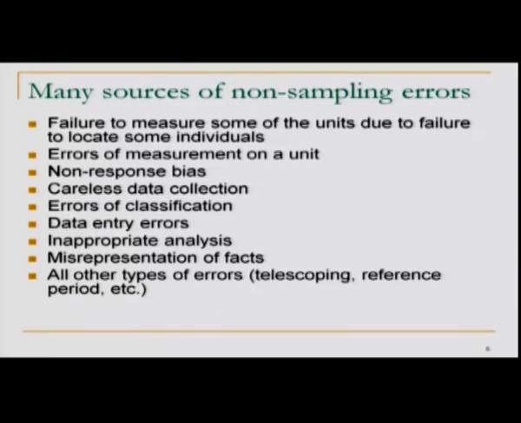Careless data collection can also be a source of non-sampling errors. Errors of classification, data entry errors, inappropriate analysis. Suppose you have to apply t-test, but you are using z-test, conditions of z do not meet, say sigma is not known, it has been estimated from the data itself.